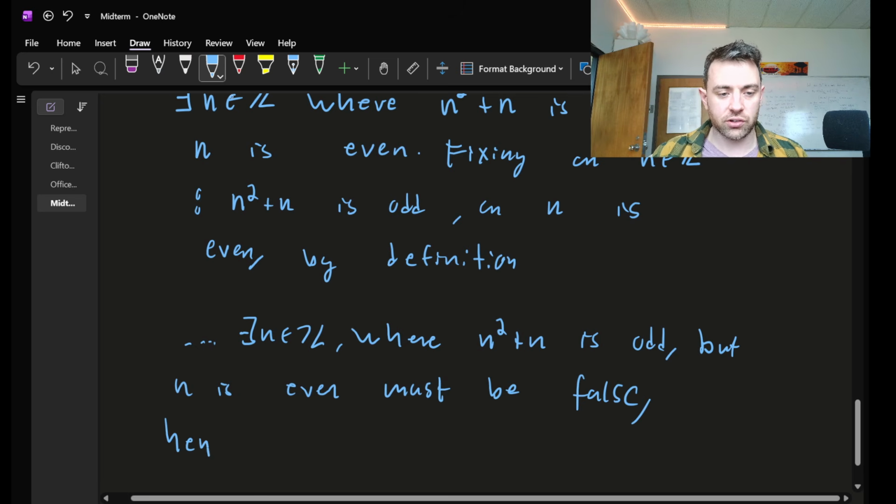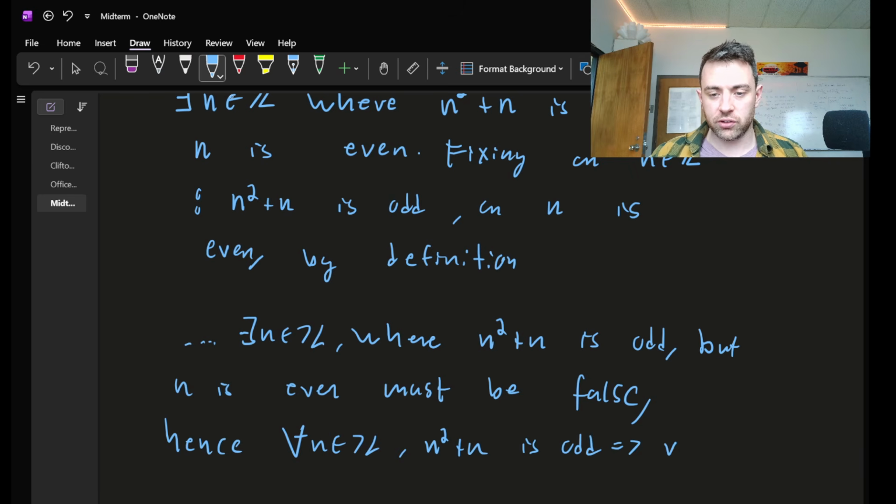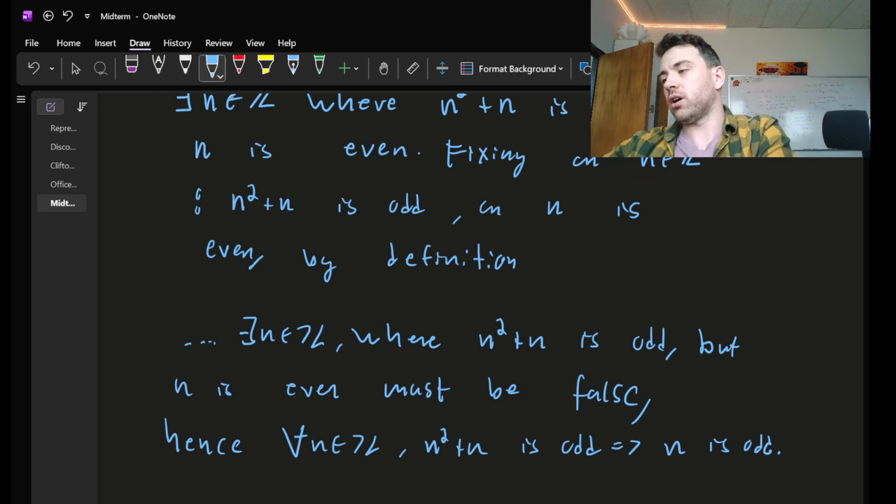So hence, for all integers n, n squared is odd implies n is odd. Okay, so that's two barely different ways of solving that problem.